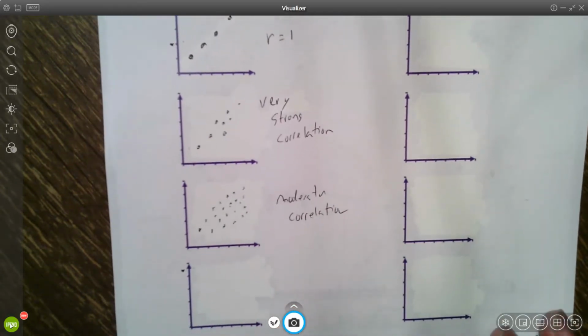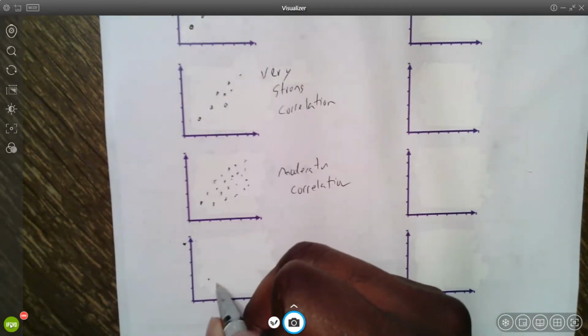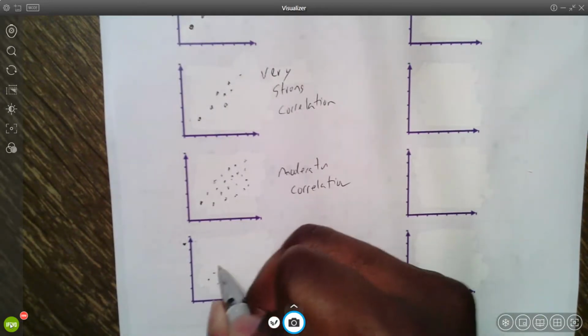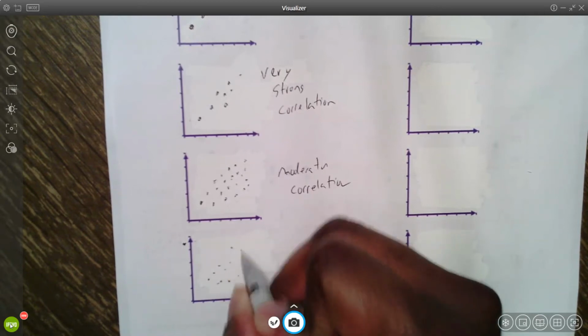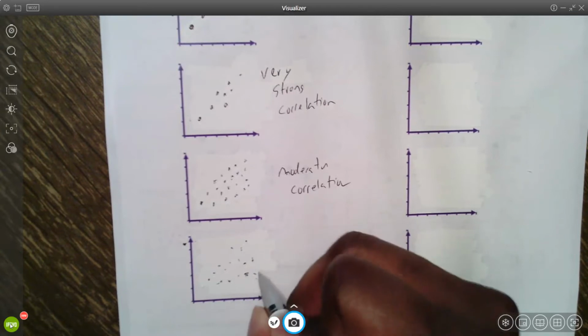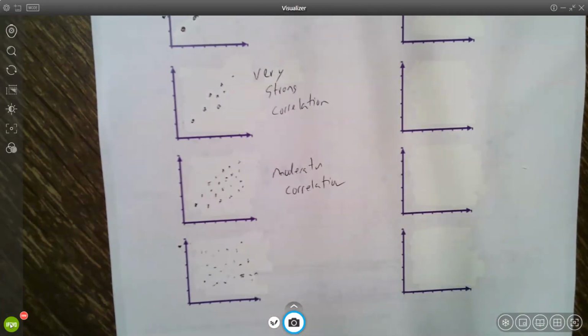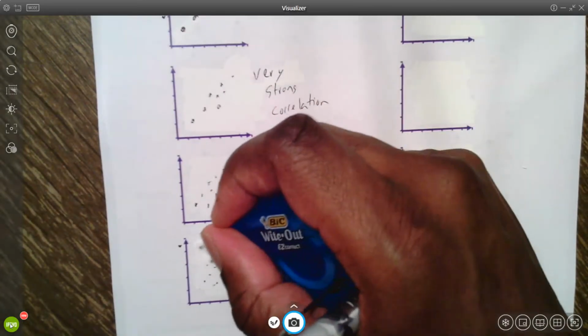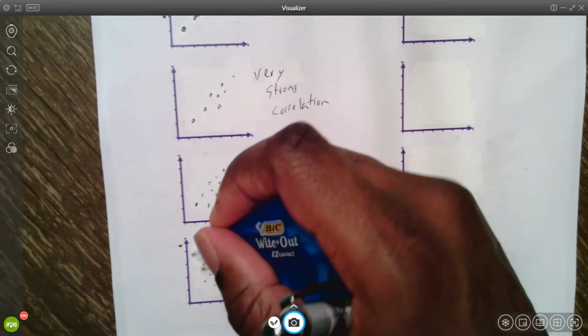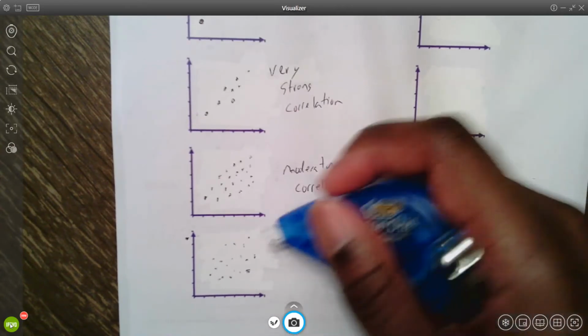And suppose we had something like this. Suppose you had a data set that looks like it grows, but just as often as it goes upwards, it also kind of goes downwards. It might be going in the same direction, but a lot wider.